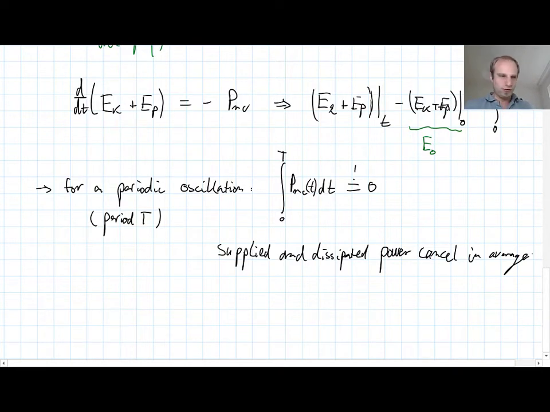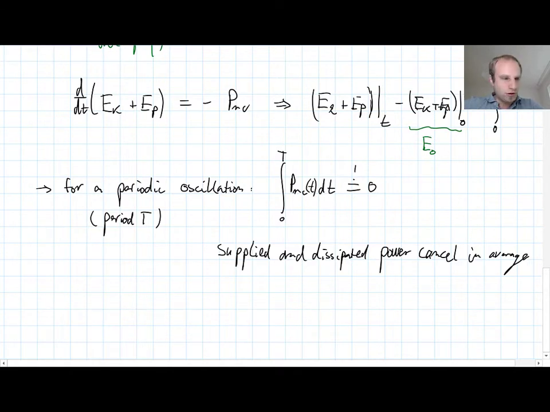Good. So this is basically a method to determine the amplitude of a periodic oscillation under the action of non-conservative forces.